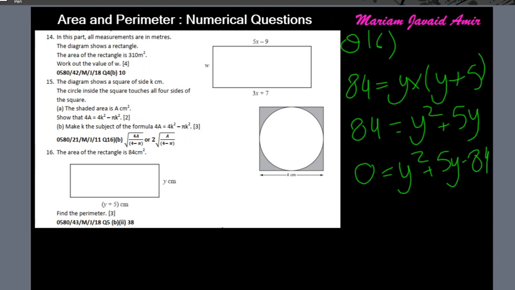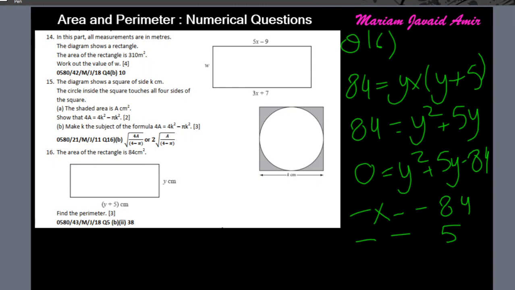This becomes a quadratic equation. So to solve this, let's factorize this. We're looking for two numbers which when multiplied together give us minus 84, and when added together give us 5.